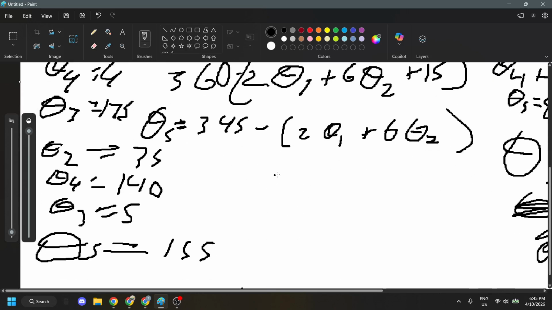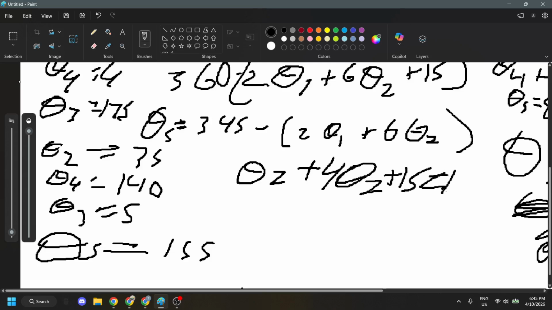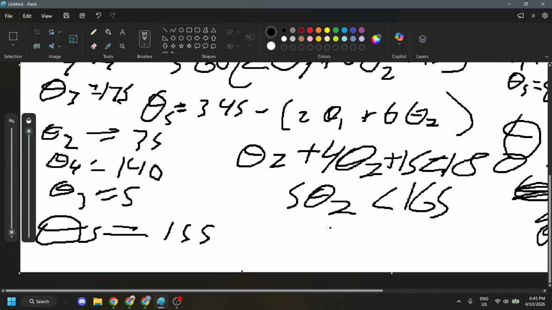Our real constraint should be that theta 2 plus 4 theta 2 plus 15 has to be less than 180. So 5 theta 2 has to be less than 165. So theta 2 has to be equal to 160, so 32.